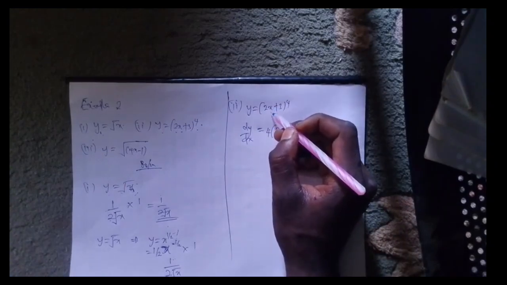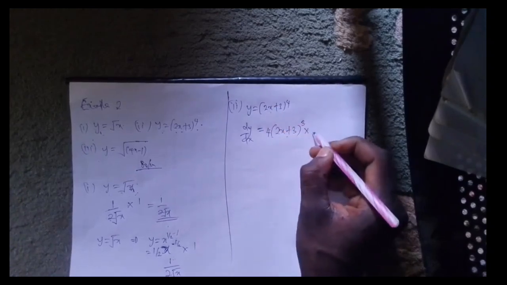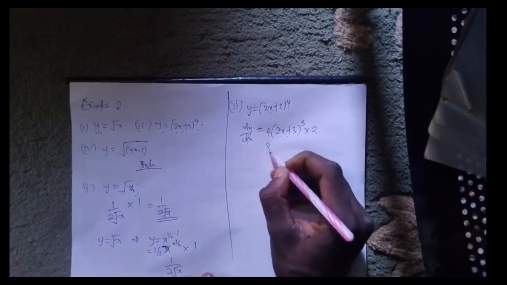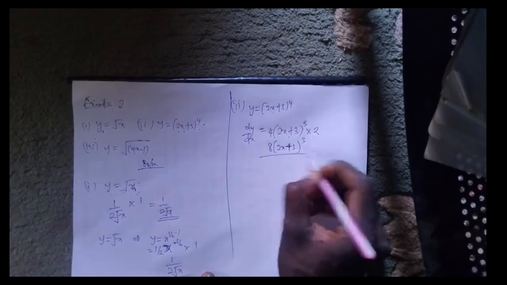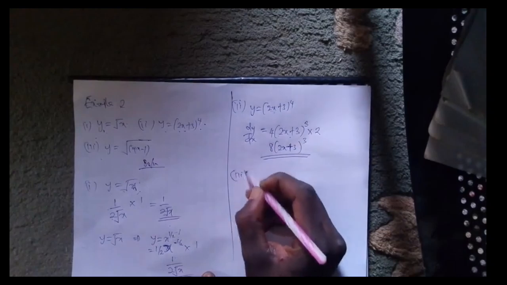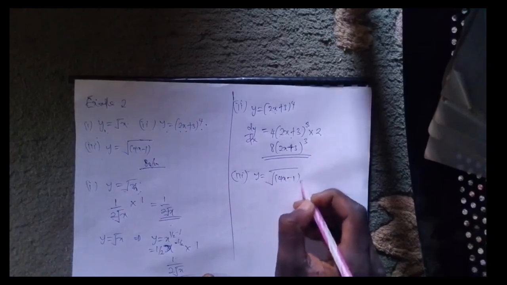The derivative of 2x plus 3 is just 2, so 4 times 2 is 8, into 2x plus 3 power 3. You're done. Final, right?